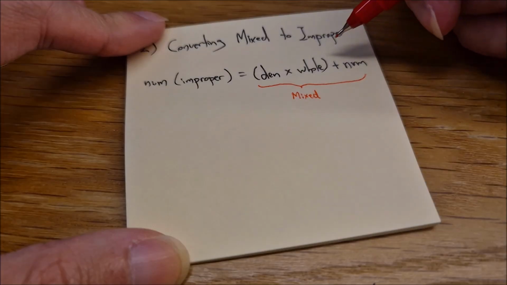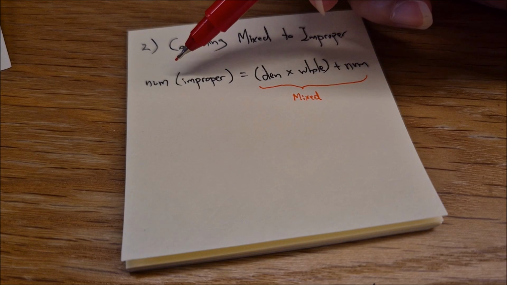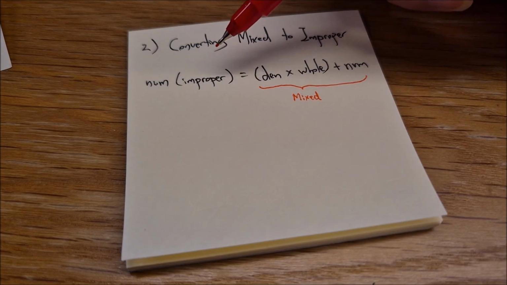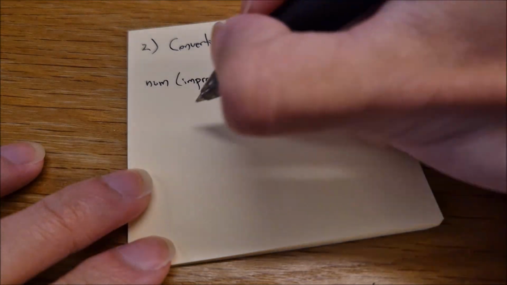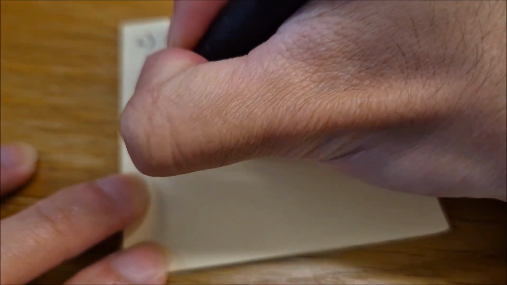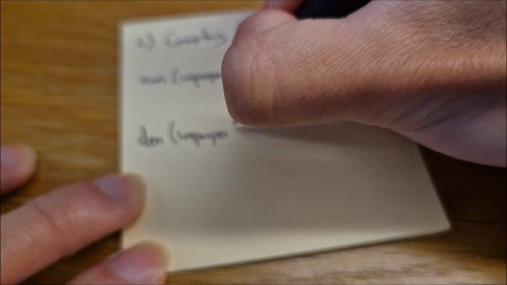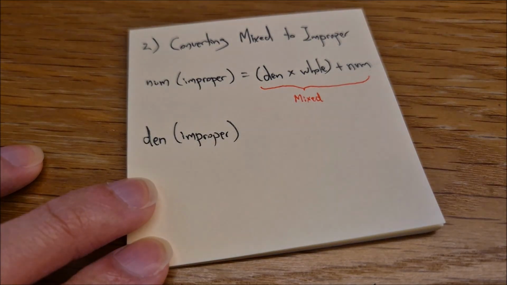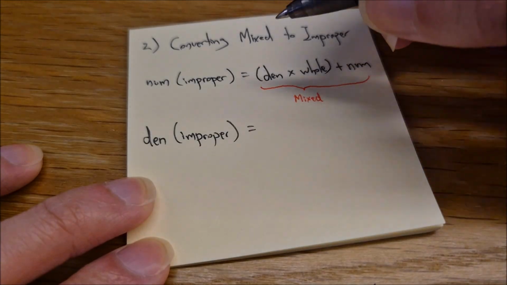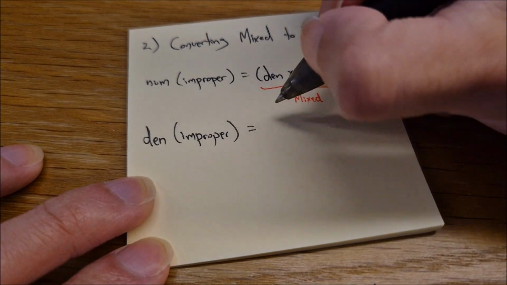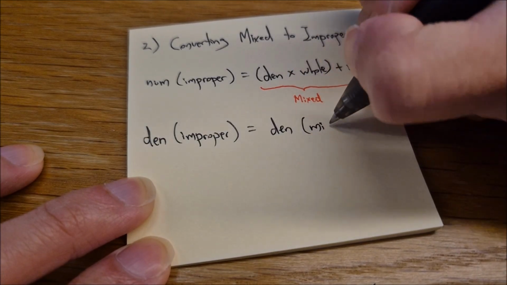So these are from the mixed fraction, and the numerator of the improper fraction will be just this. And now, what will be the denominator of the improper fraction? Well, this is easier because the denominator of the improper fraction is actually just the denominator from the mixed fraction.